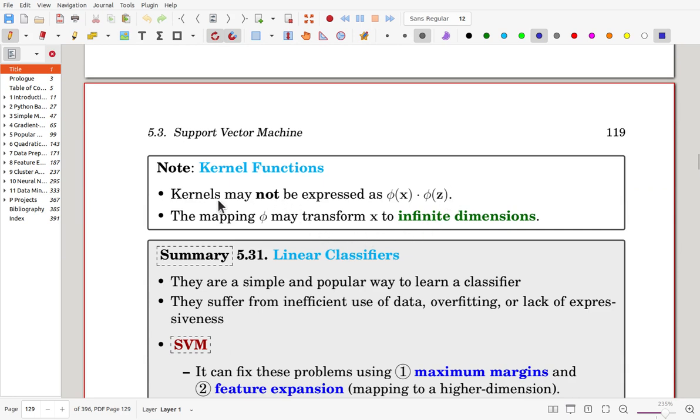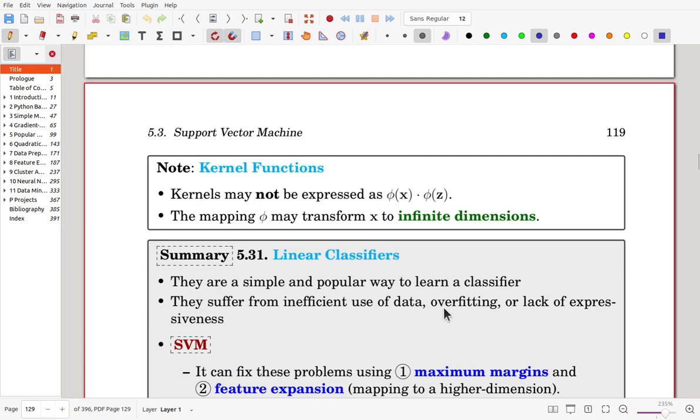Many kernel functions are not expressible as a dot product. The mapping phi may transform x to infinite dimensions. For some kernels, if you try to find the explicit expansion, you can see that the mapping transforms the given point to infinite dimensions.